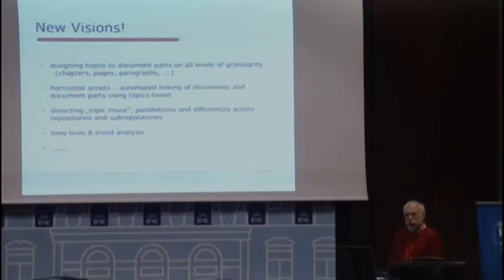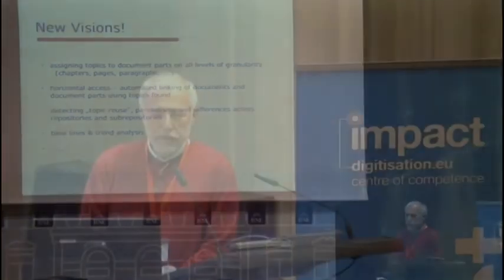Perhaps the e-humanists among you have heard about text reuse. Text reuse considers the problem of long parts of texts occurring in several documents in diachronic collections, and here we could deal with topic reuse and look for documents that treat the same kind of topics, where we could find parallelisms and differences across distinct repositories and sub-repositories.